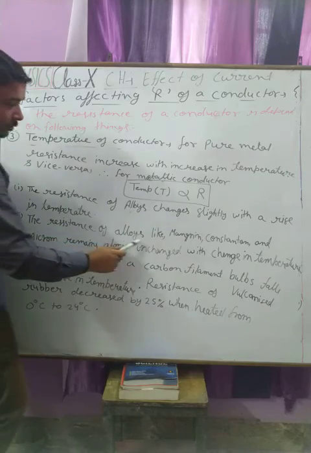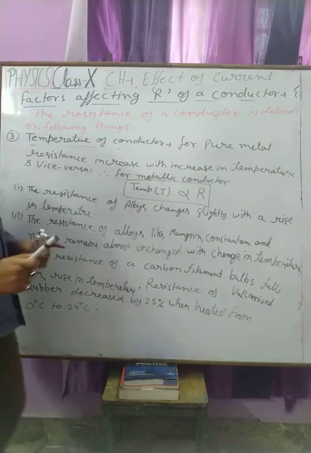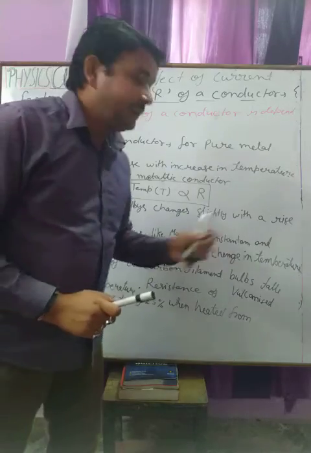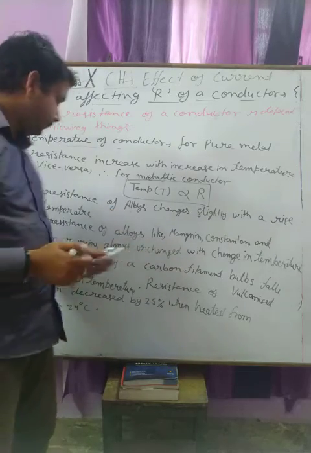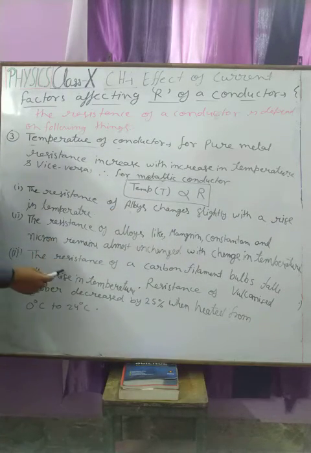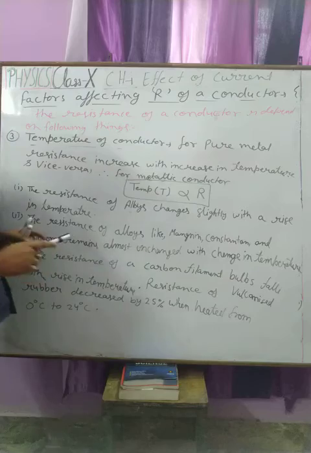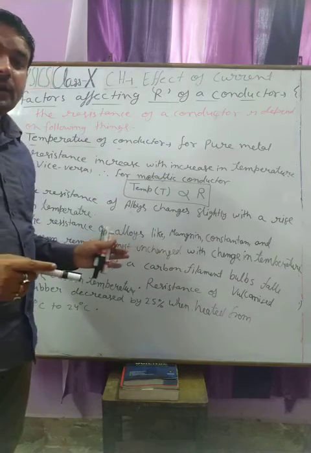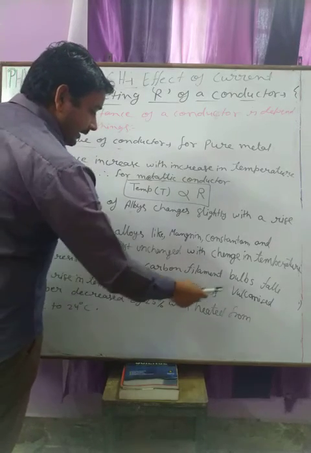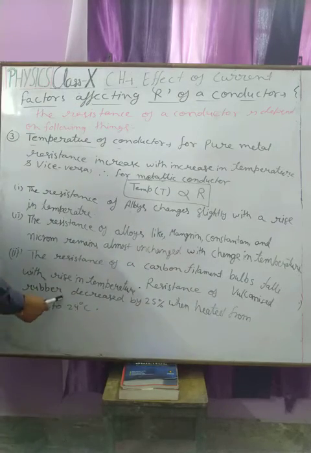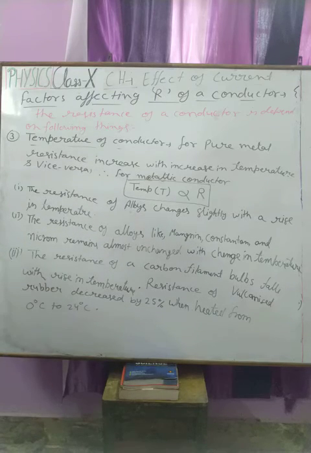The resistance of alloys like manganese, constantan and nichrome remains almost unchanged with change in temperature, which means when the temperature changes, their resistance does not change. And third, the resistance of carbon filament bulbs falls with rise in temperature. As the temperature increases, the resistance of these carbon filaments starts to fall. And with rise in temperature, the resistance of vulcanized rubber decreased by 25% when heated from 0 degree centigrade to 24 degree centigrade.